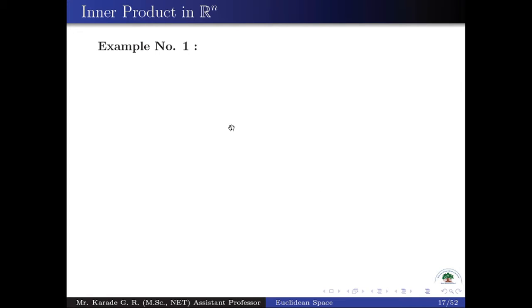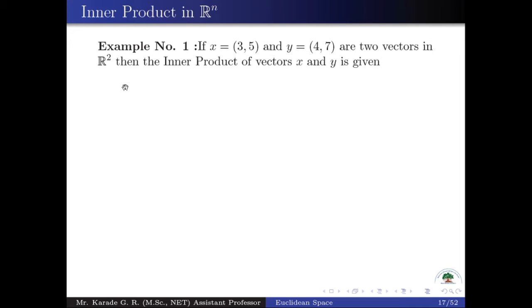Now next, let us take some examples on inner product. The first example is, if x is equal to (3, 5) and y equal to (4, 7) are two vectors in R2, then the inner product of vectors x and y is given by x dot y. So how do we obtain the inner product? By definition, the inner product is the addition of the products of the respective components of these vectors.